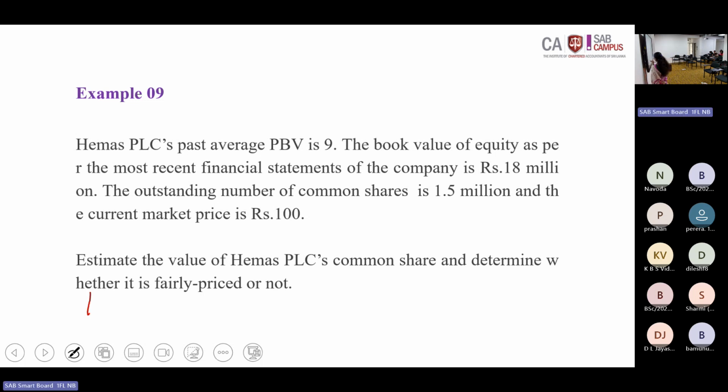We first calculate book value per share.